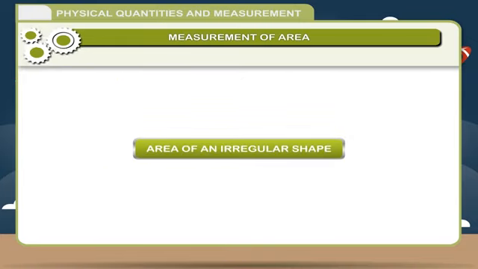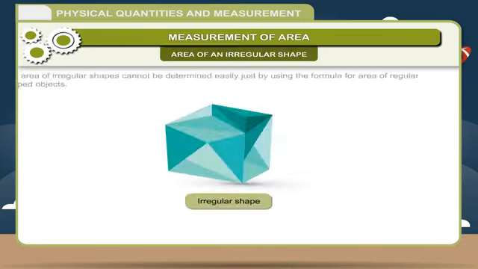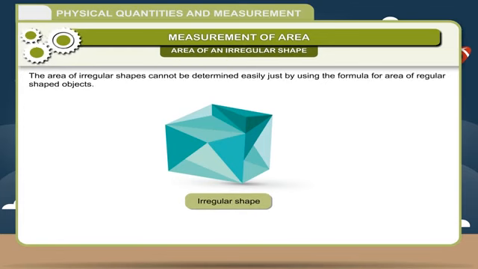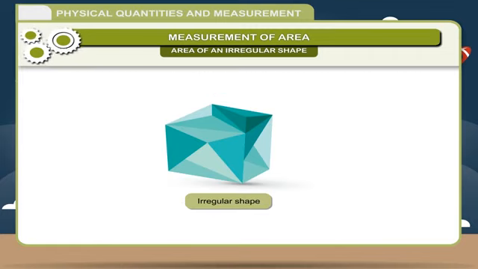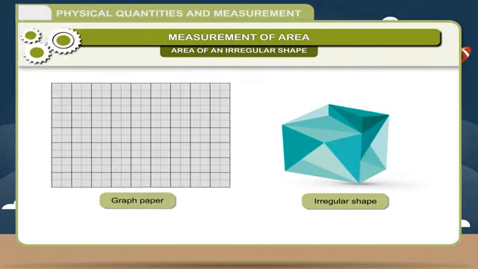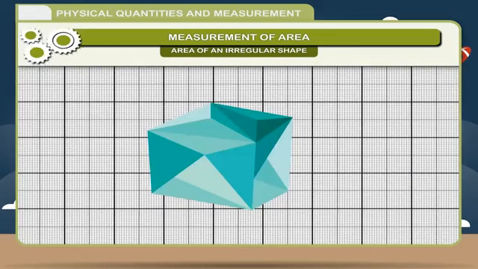Area of an irregular shape. The area of an irregular shape cannot be determined easily just by using the formula for area of regular shaped objects. The areas of such shapes can be found by using graph paper. We put the object of irregular surface on the graph paper and mark its outline with the help of a sharp pencil.